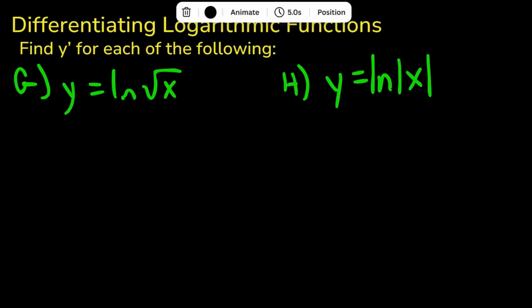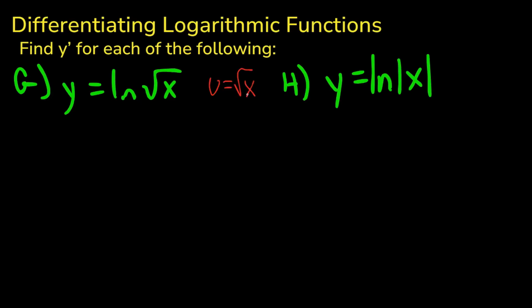So in G, I want to show you this one in 2 different ways. The first thing we could do is let u equal the root of x. And then u prime is going to be 1 over 2 square root x. So then y prime is u prime over u, following the rule.